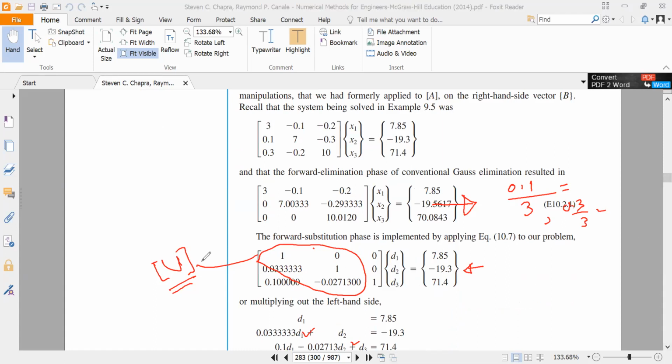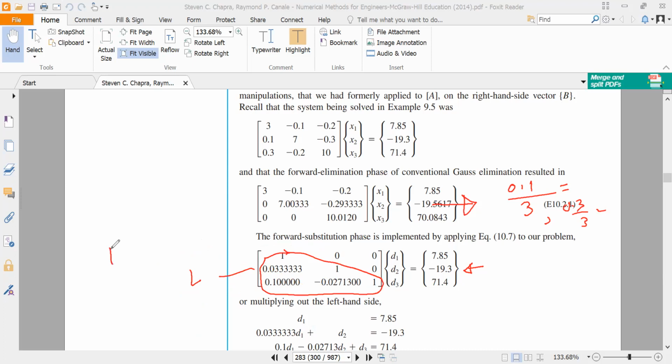While converting, you can retain the multipliers that you used and place them in the appropriate locations. Then you set your diagonal equal to 1, 1, 1. Then this is equal to L. Now this is your matrix, this is your L.